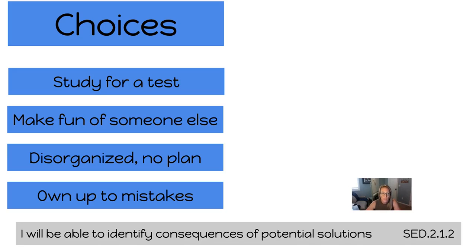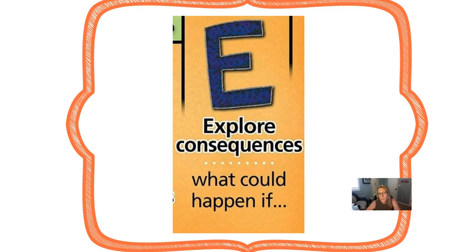You can choose to be disorganized and not follow a work plan, or you can choose to be organized and use your work plan. You can also choose to own up when you make a mistake. And yes, those choices always have consequences. So it's important to think about what are those consequences to the choices that you make. What would happen if?